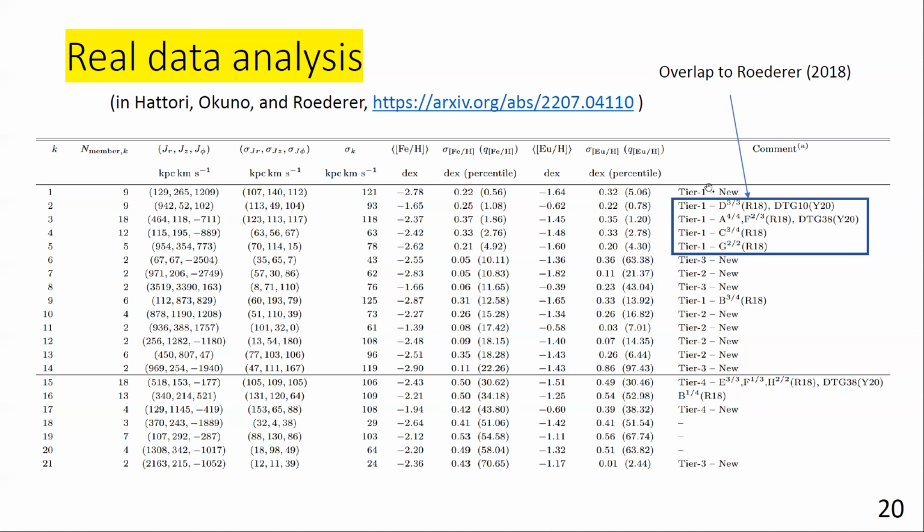As you can see, there are some capital letters here. This letter indicates that, for instance, in the second line, cluster 2 found by the GOC algorithm includes the stars found in the previous study, Rodler 2018.